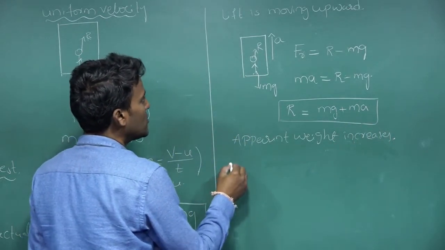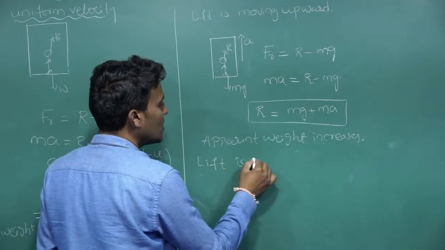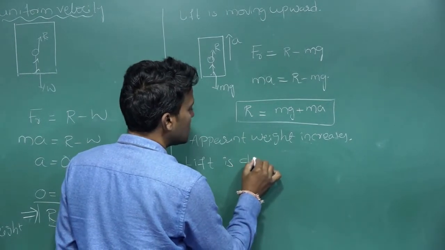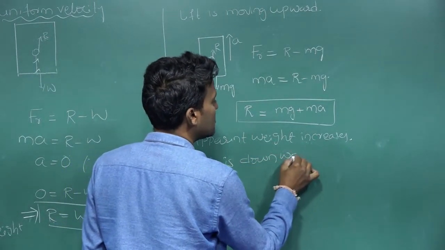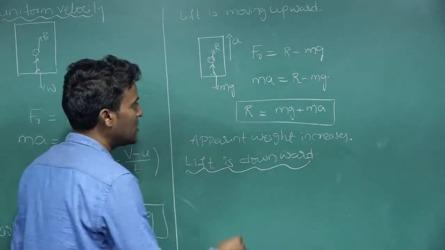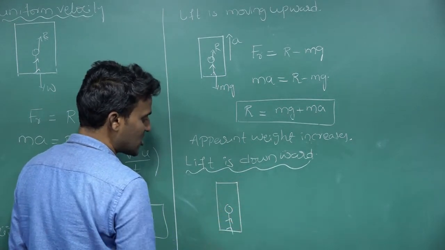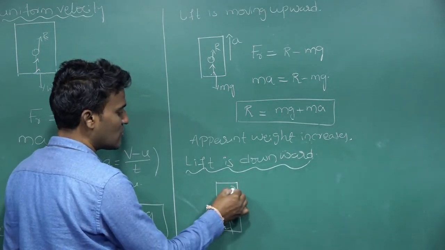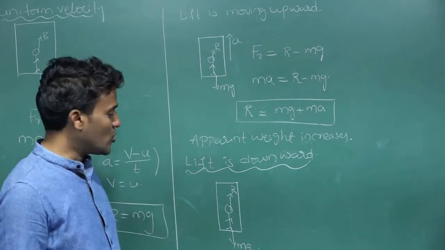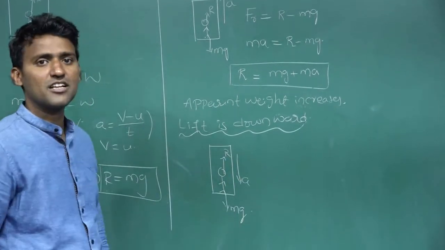Next situation you can write, when the lift is moving in the downward direction. When the lift is moving downward, at that moment, see here, when a person is standing inside, the reactional force is upward, the weight is downward, and the acceleration is downward.